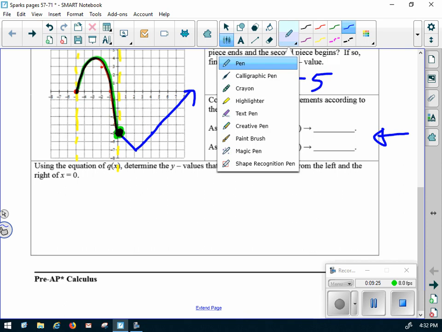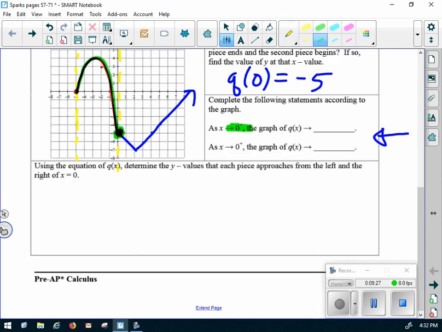So x is approaching 0 from this direction. Now, as x approaches 0 from that direction, the question is, what are the y values doing? Well, let's trace. As x gets closer and closer to 0, the y values are getting closer and closer to -5.